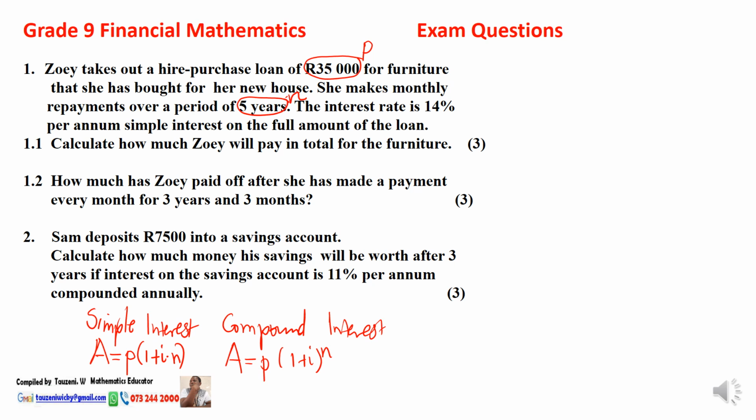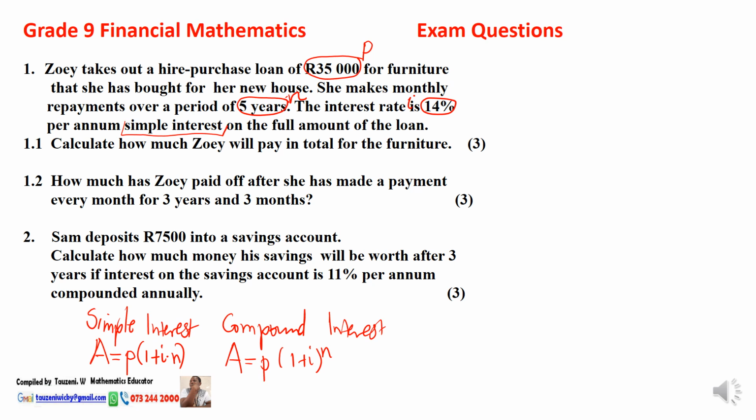The interest rate is 14%, and this is the value of i. So P is the amount of the loan, n is the number of years, and i is the rate of interest. The type of interest mentioned is simple interest, therefore we must use the simple interest formula.